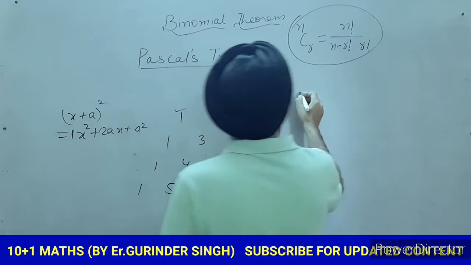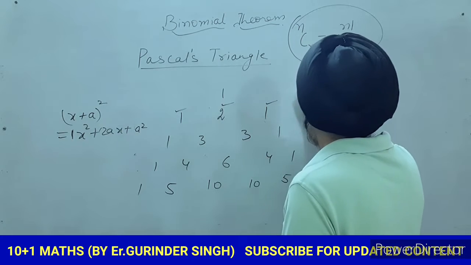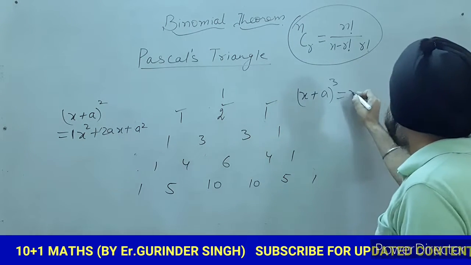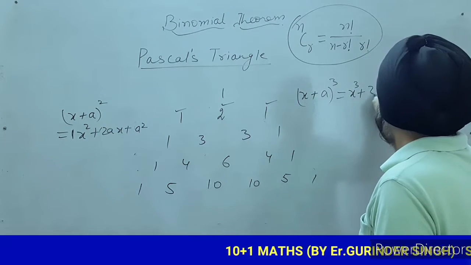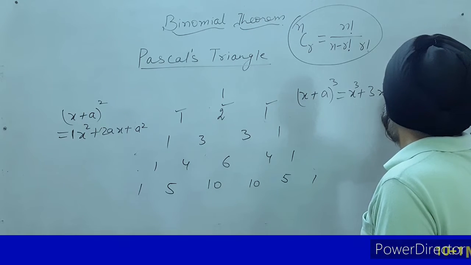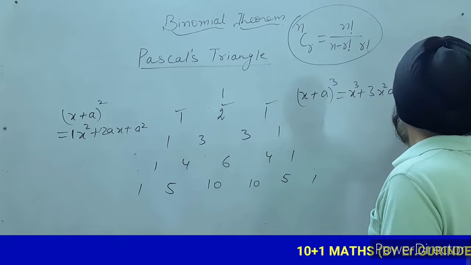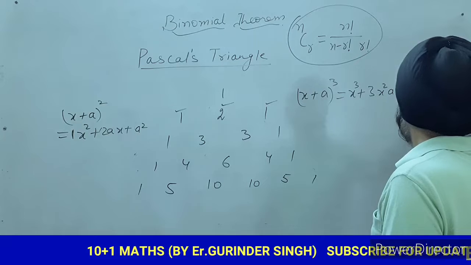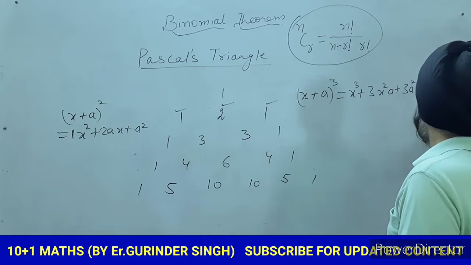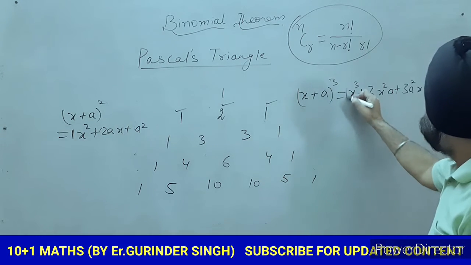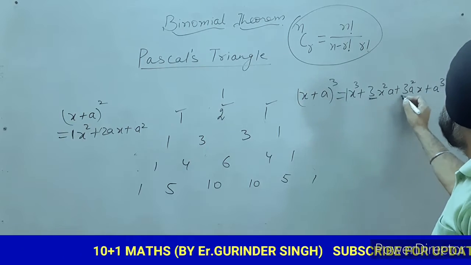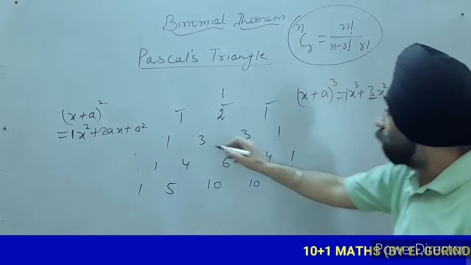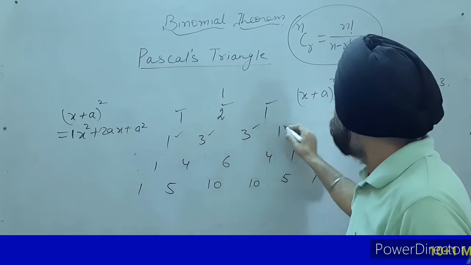Similarly, when I expanded x plus a whole cube, I got x cube plus 3a square b plus 3a b square plus b cube. Now what was it? Coefficients 1 3 3 and 1.